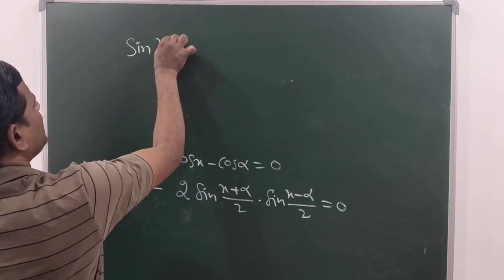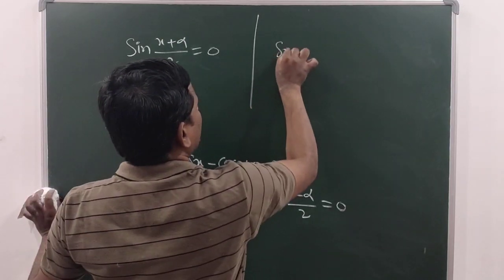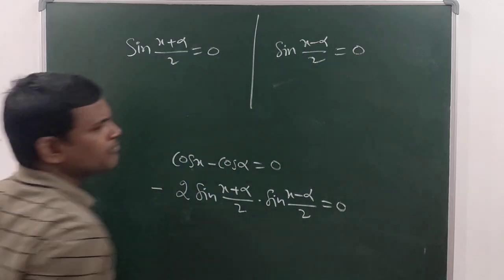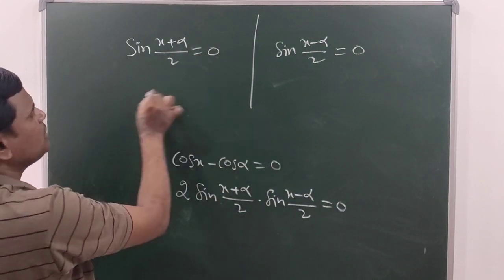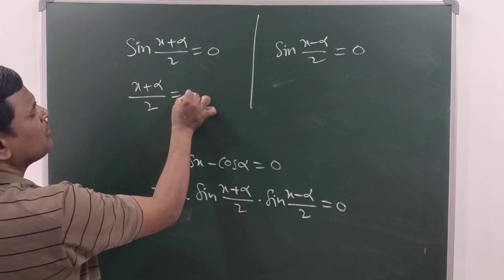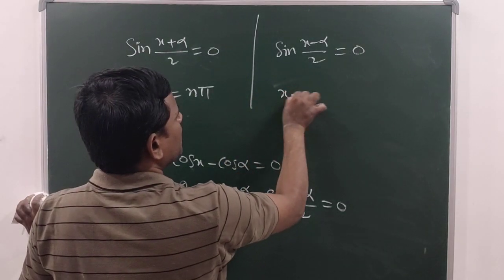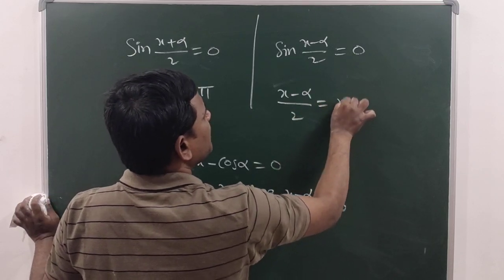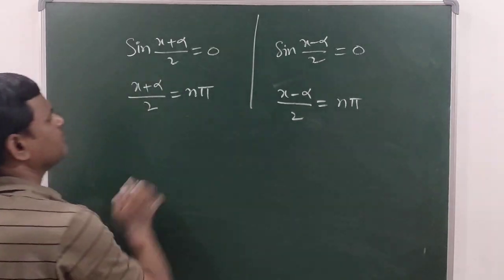Sine of (x plus alpha) by 2 is equal to 0, or sine of (x minus alpha) by 2 is equal to 0. Now where do you get the value 0? When the angle equals n pi. Here also (x minus alpha) by 2 is equal to m pi.